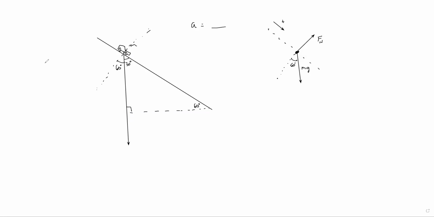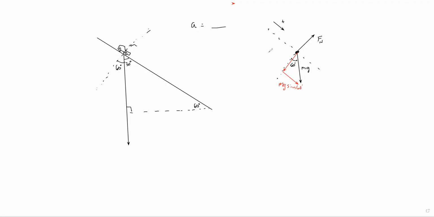Let's go and break this up into the x and y components. So we got that, and we got that right there. So we got mg times the sine of 60.